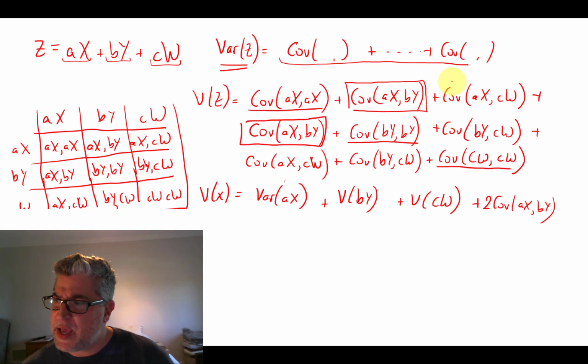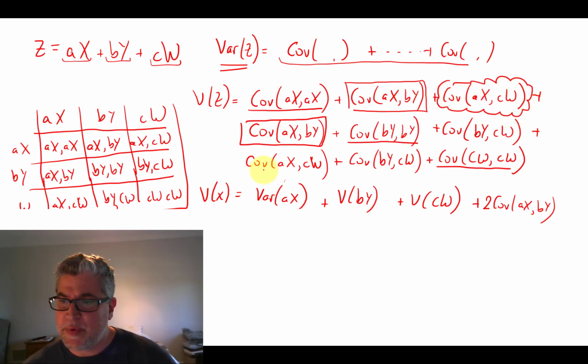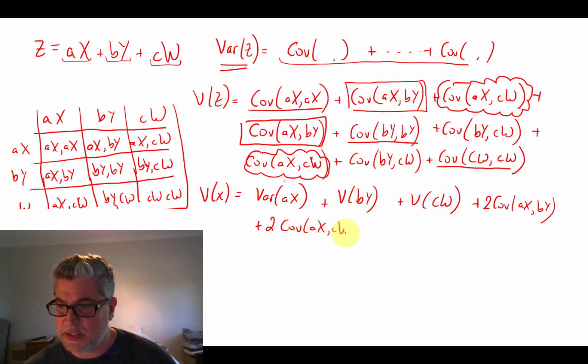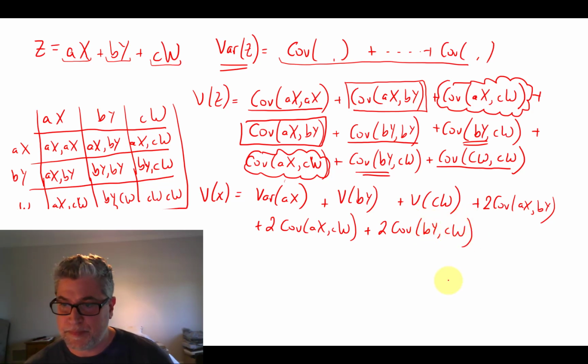And what about ax, cw? Well, we have 2 of those too. So plus 2, the covariance of ax, cw. And then we've got this by, cw, 2 of those. Okay, we're just one step away.